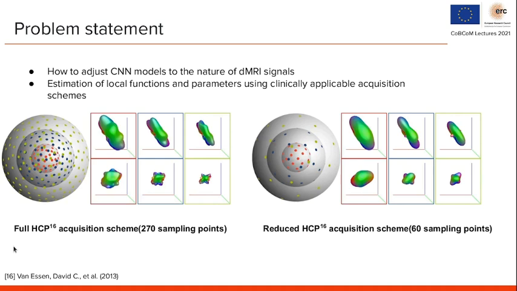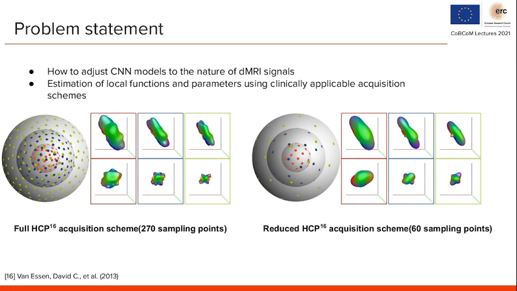In this work, we have investigated how to adjust CNN models to the properties of diffusion MRI data and how to use these models to estimate local functions and parameters from data acquired with clinically applicable acquisition schemes. In the figure on the left, an example of a sampling scheme from the Human Connectome Project containing 270 points over 3 shells is illustrated.